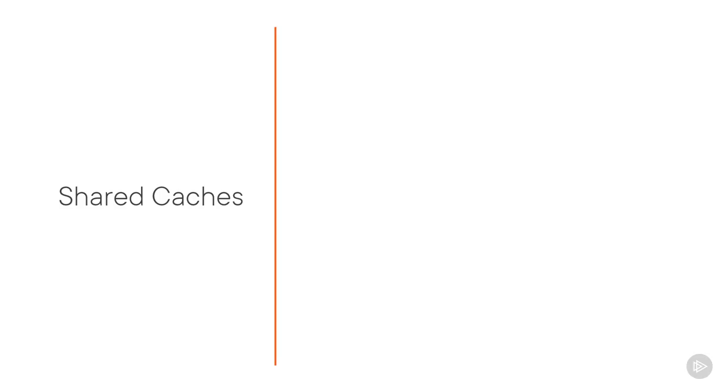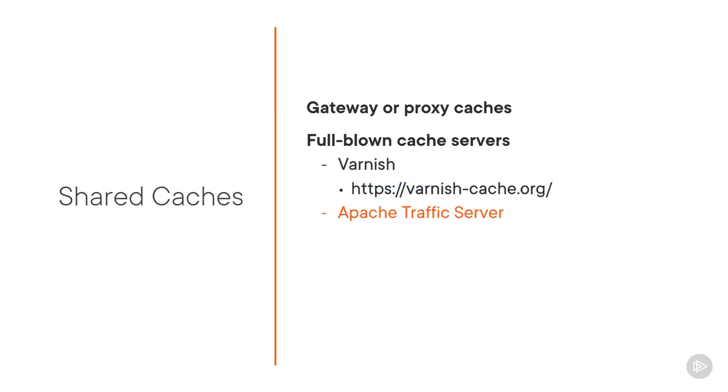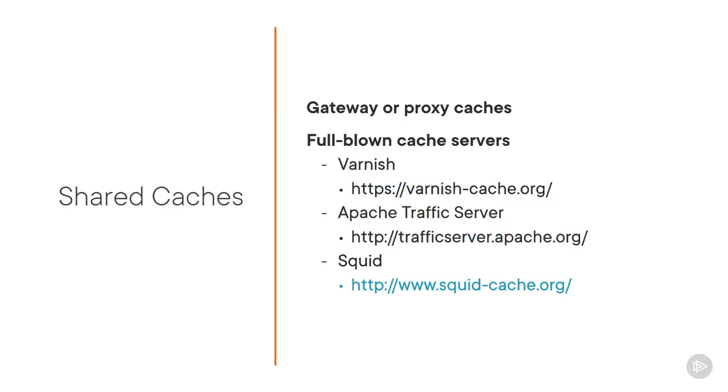Shared caches are gateway or proxy caches. As mentioned, these are often full-blown servers you'd place right in front of your API. A few household names are Varnish, Apache Traffic Server, and Squid, but there's others as well.